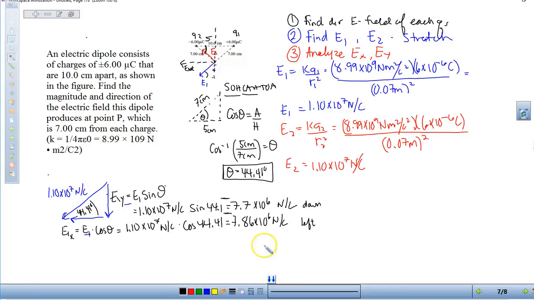All right, let's take a look at E2. E2 looks like this. And this is E2. Okay, E2 is going to have an arrow that goes left and up.